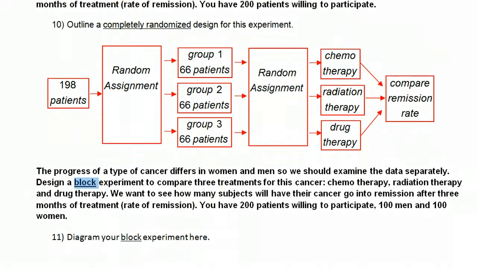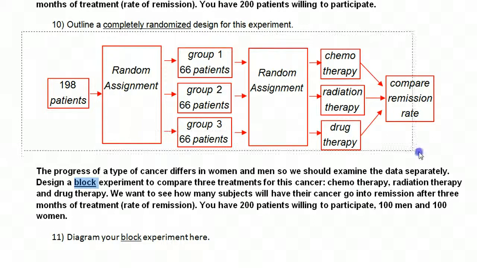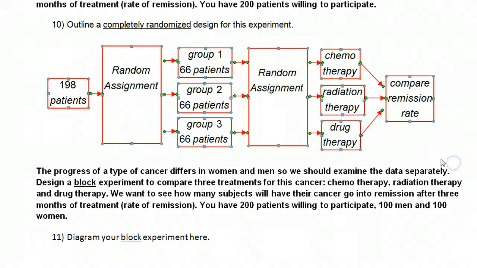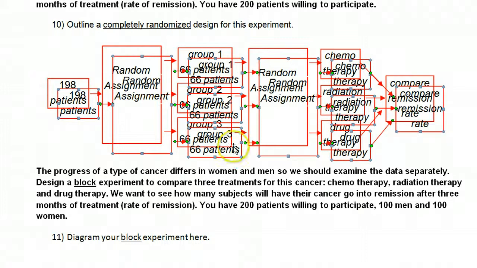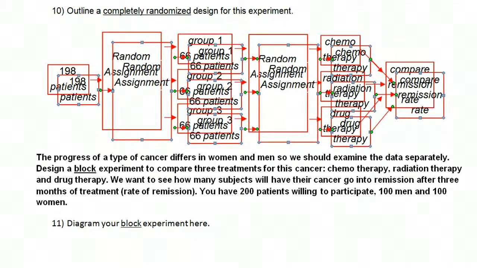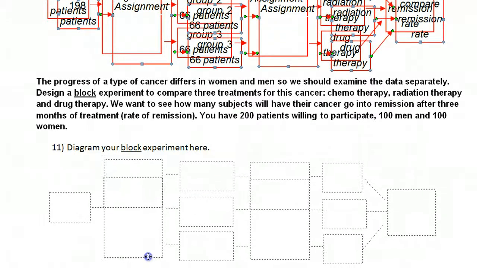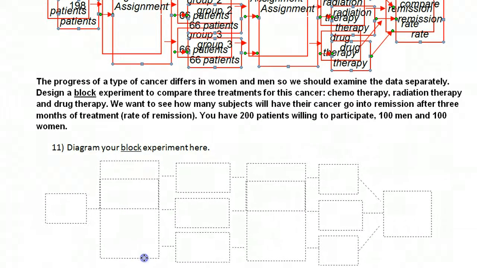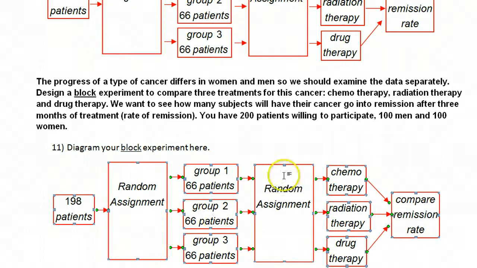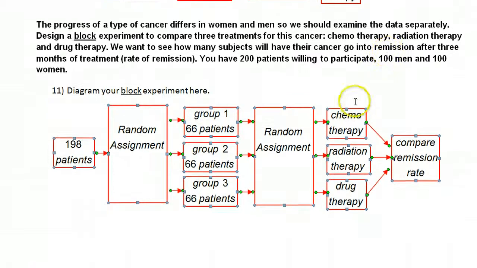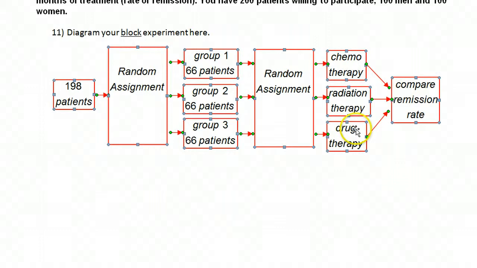One of the main things I want you to see is the way that when I go from a completely randomized experiment to a block design, watch how I cut and paste the entire experiment.